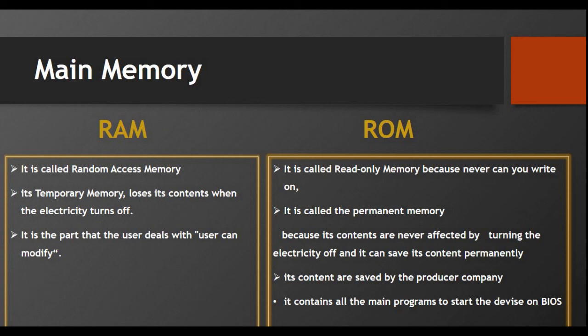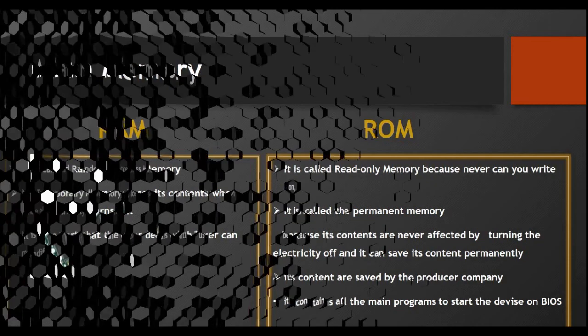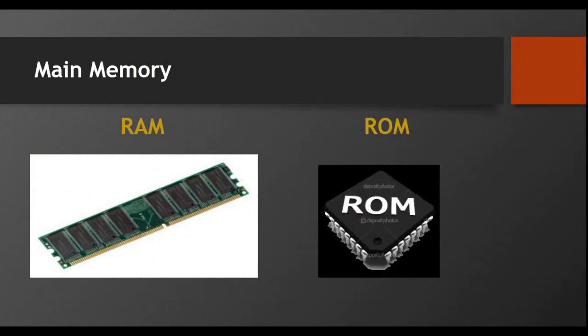It contains all the main programs to start the device, the BIOS. Here are the different shapes for RAM and ROM. On the left there is RAM, which the user can modify, and on the right side is the ROM, which the user cannot change.